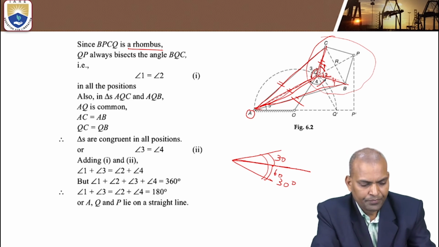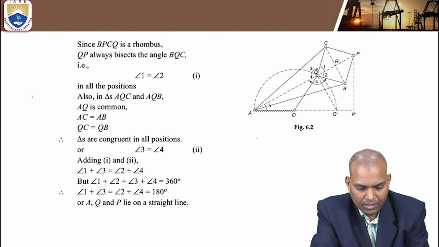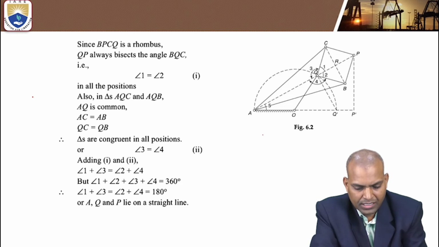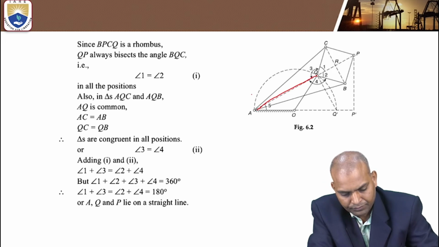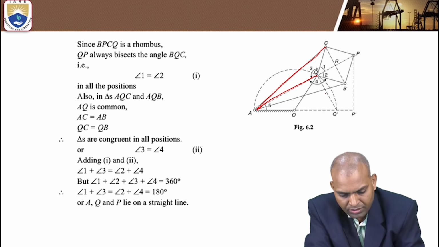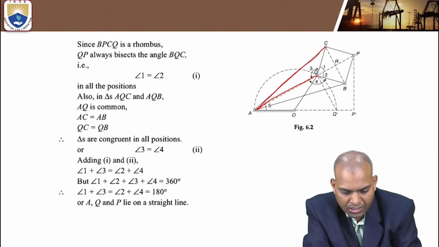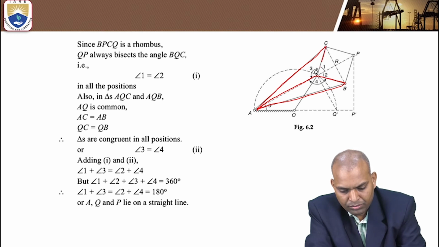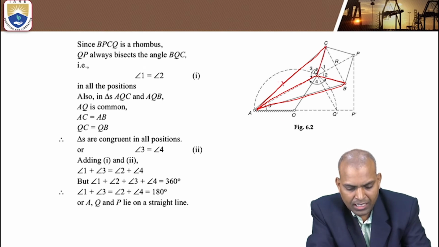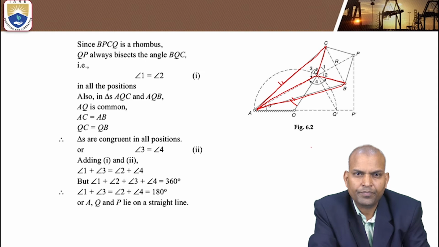Very simple: there are two triangles. AQ is bisecting the portion; this is one, and this is the other portion. Now, AC is equal to AB.